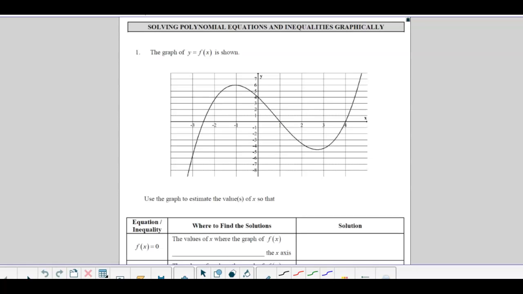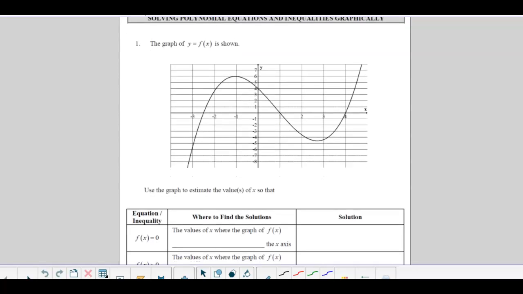Now we're not going to have any y's, except that we can use our calculator to help us. With the calculator you have to graph the functions, but we use that to represent an equation. So you just have to be aware of the difference by the end of this.